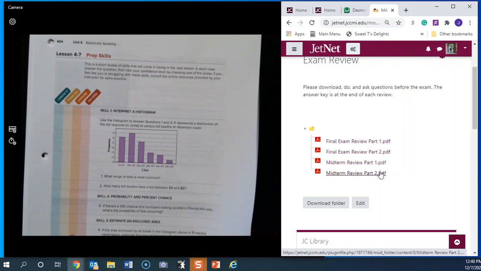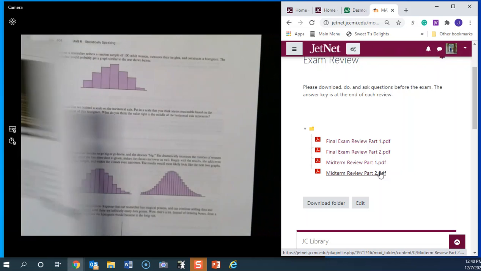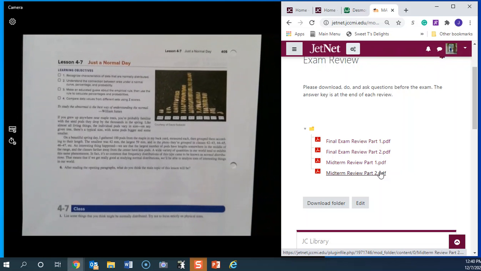You would need to complete that today, but there is no check assignment for section 4.6 or 4.7. Now your homework, I believe, is due this coming Sunday. So please make sure you get that done.